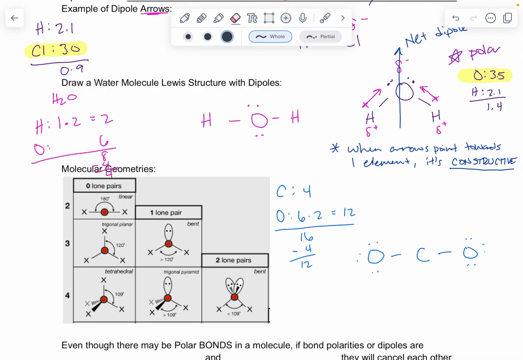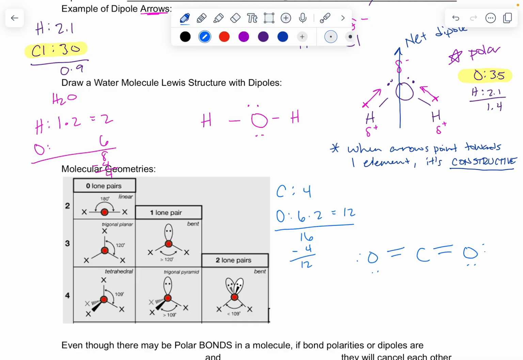So when in doubt, if you have a failed Lewis structure, share more. So that's what we're going to do. We're going to go back over here and share more. We're going to make a double bond over here, and, erasing is hard, a double bond over here. Now everybody's happy. So this is the Lewis structure of carbon dioxide.